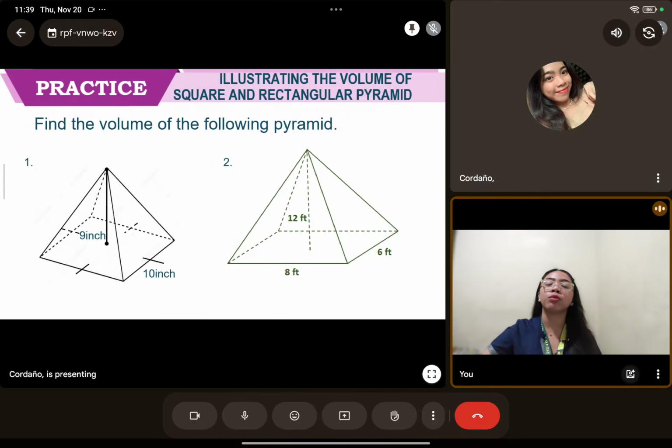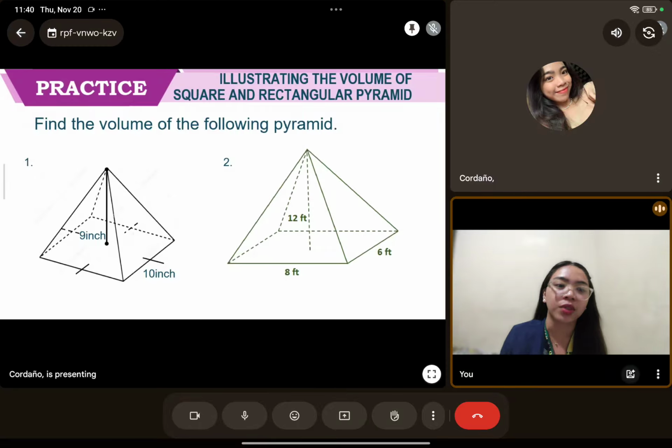So, find the volume of the following pyramid. Can you please get a 1/4 sheet of paper and please answer this 2. Okay, we'll give you 5 minutes to answer this. Okay. As you can see, sa first one, meron siya ulit ng line-line.